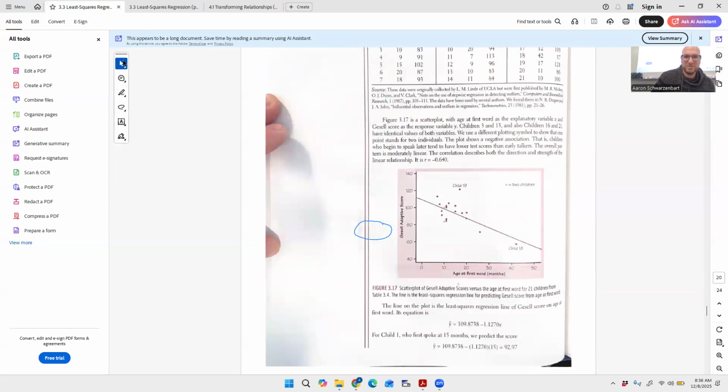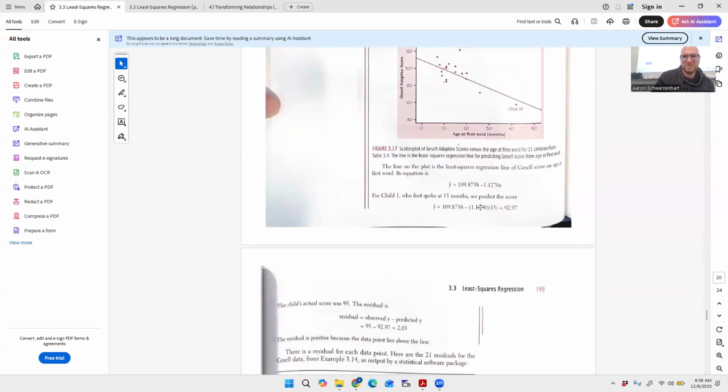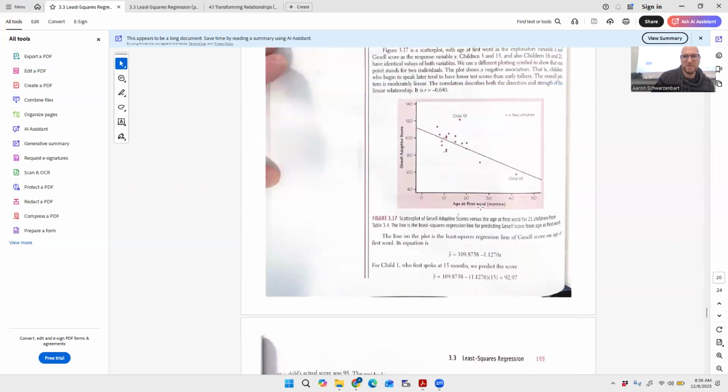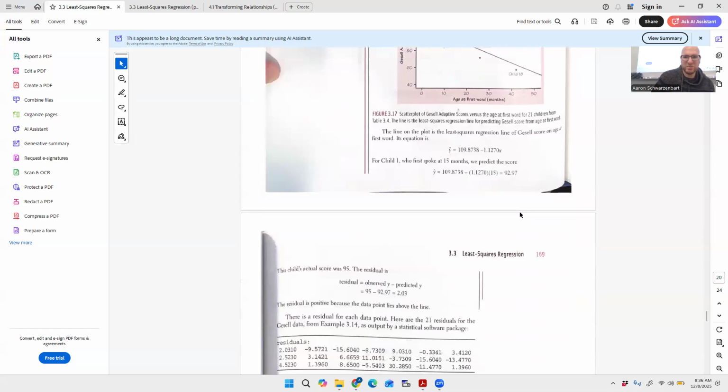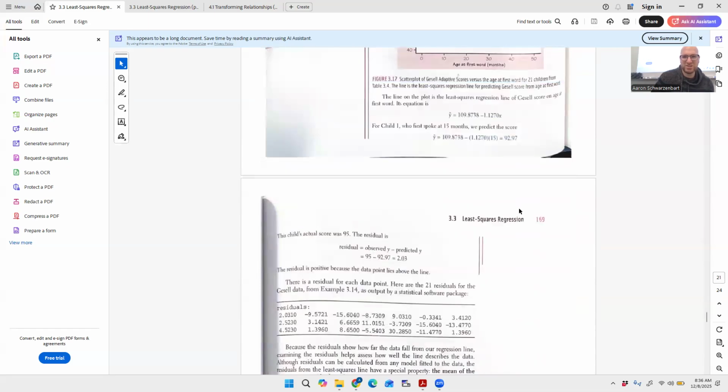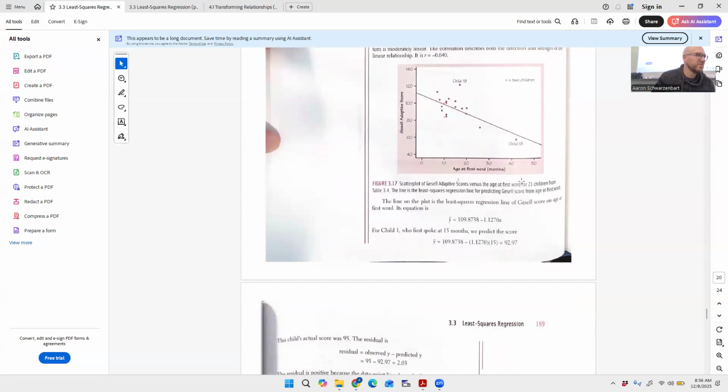Okay. You guys saw this data before, right? So we have child 19 as an outlier. Child 18 is what we call an influential observation, because it's not quite an outlier. It's an outlier in the x direction. So influential observation means outlier in the x direction.